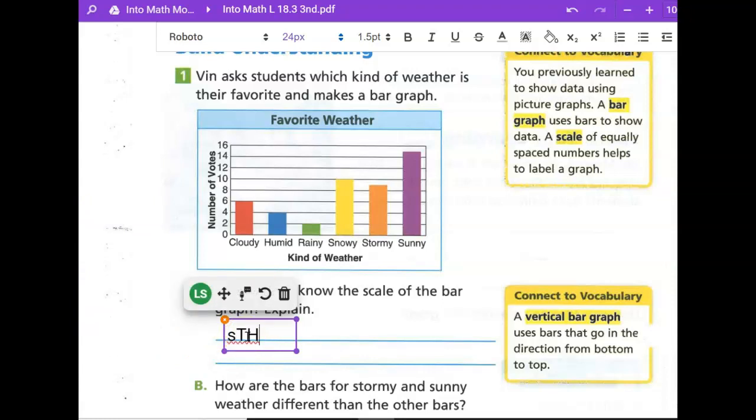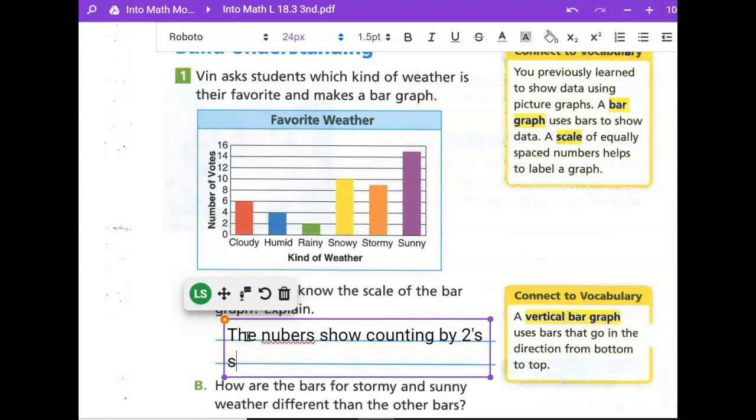The numbers show counting by 2s. So each space between two numbers equals 2.